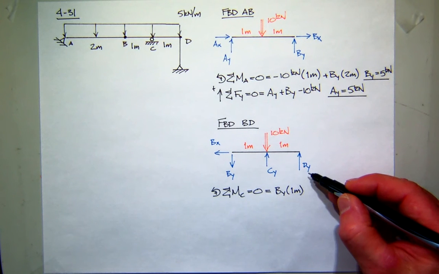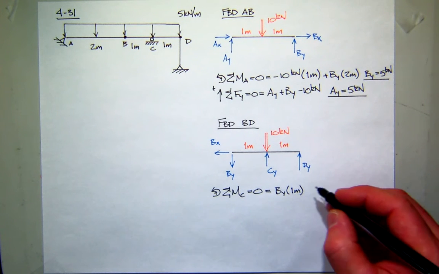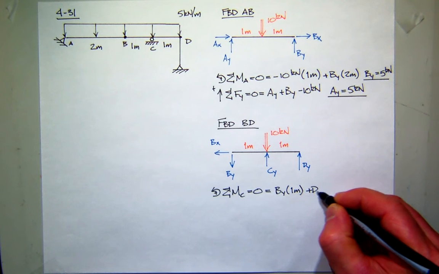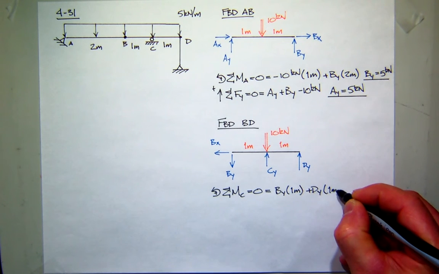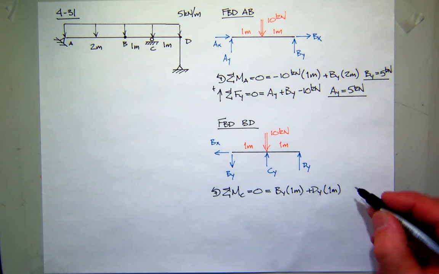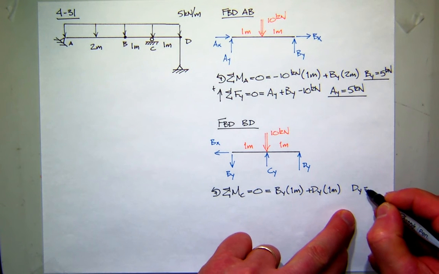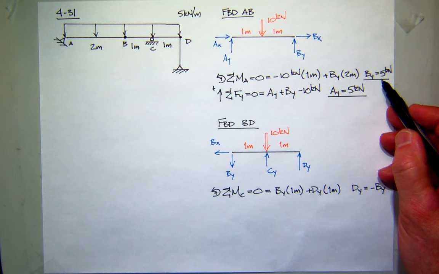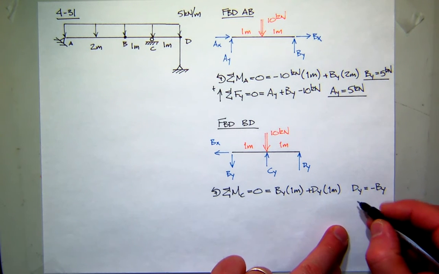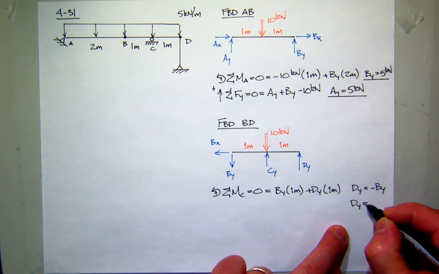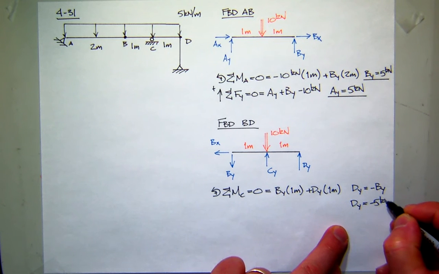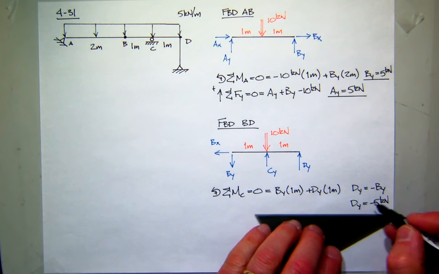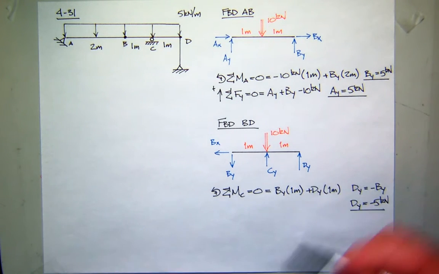And then I have DY, which I assumed acts up, which creates positive moment, and it also has a 1 meter arm. So according to this equation here, DY is just equal to minus BY. And what is BY? 5. So it looks like DY is what? Negative 5. Which means it's actually acting down. Okay?